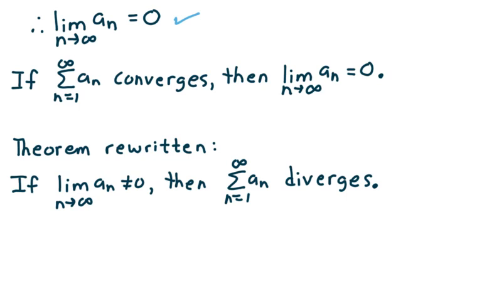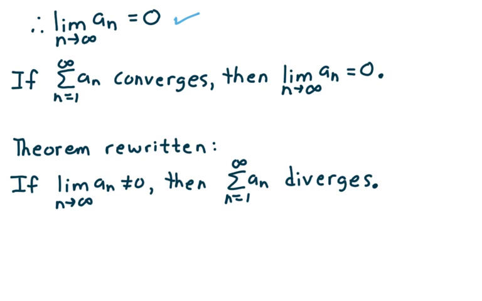Now, we're going to write this theorem in a slightly different way that's going to be a bit more useful for us. So now, look at what this theorem says. If the series from n equal 1 to infinity of a sub n converges, then the limit as n goes to infinity of a sub n is 0. That's equivalent to saying the following. If the limit as n goes to infinity of a sub n does not equal 0, then the series, the summation, from n equal 1 to infinity of a sub n diverges.